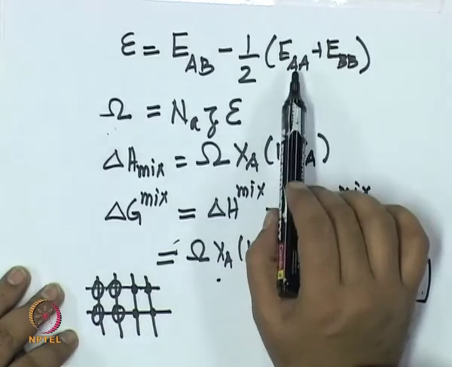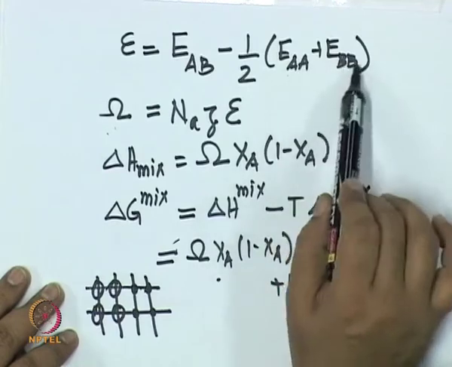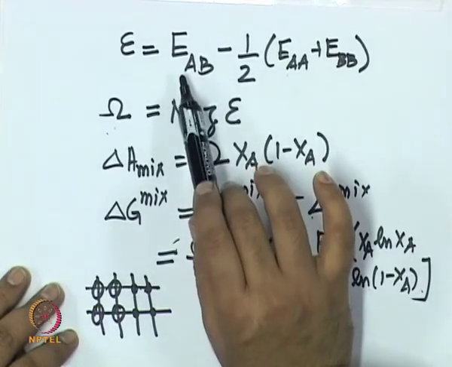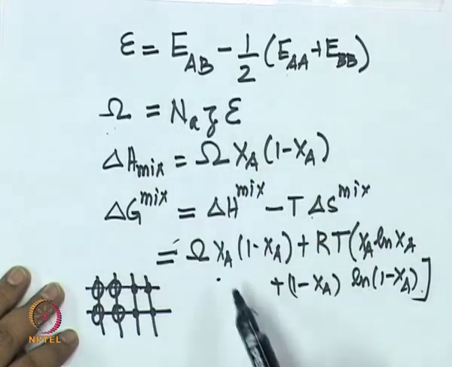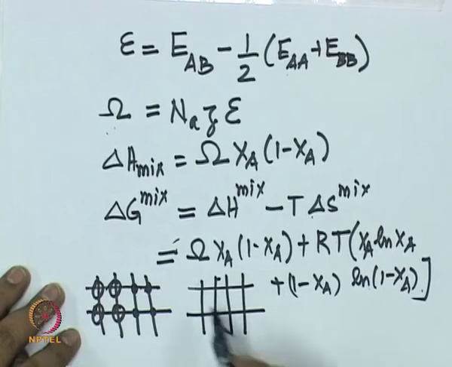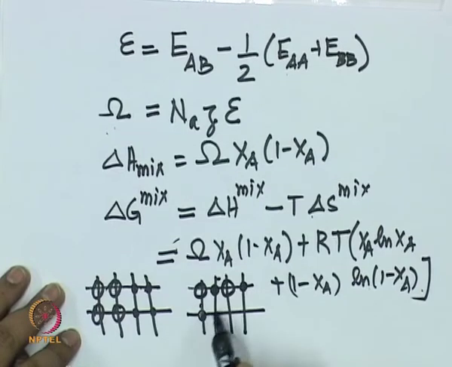On the other hand, suppose making AA and BB bonds is costlier, and if it breaks them and makes AB bonds, on average AB bonds are cheaper. That is when it is going to make the other configuration that I tried to show you. What is that configuration? It will try to have only AB bonds. So you can see AB, AB, AB, AB, AB, AB.